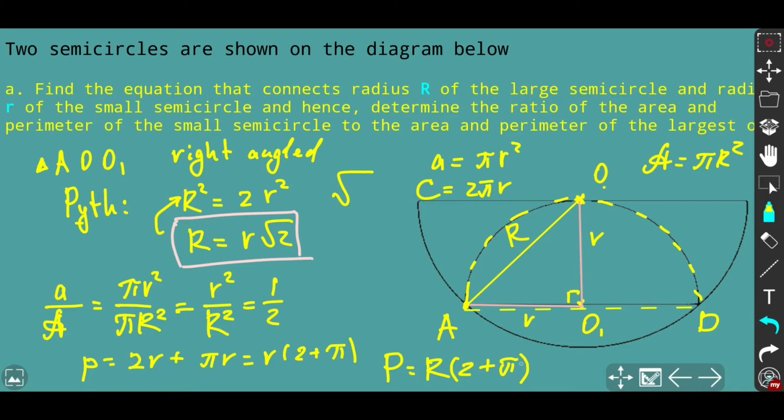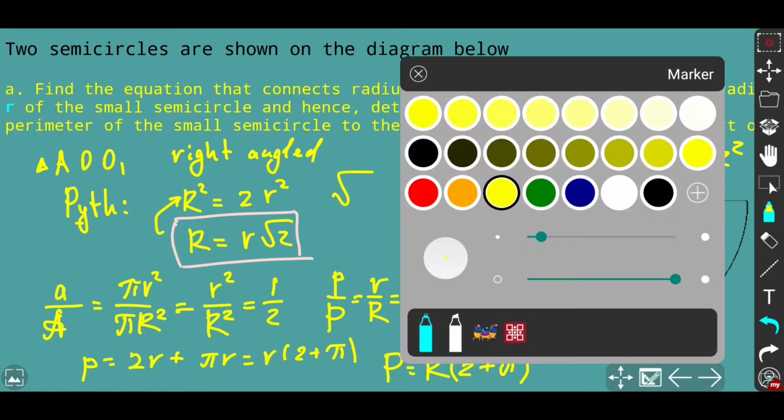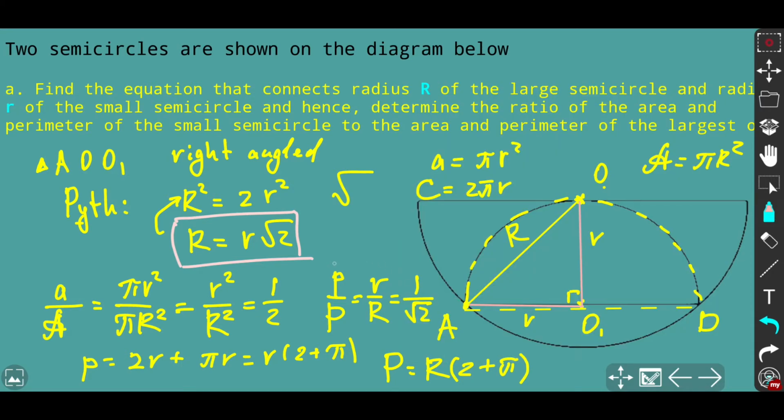So the ratio for the perimeters, of the small one to the big one, is just the ratio for the radius, okay? And that means it's going to be 1 to square root of 2. That's how we got the ratio that we are asked to find, okay?